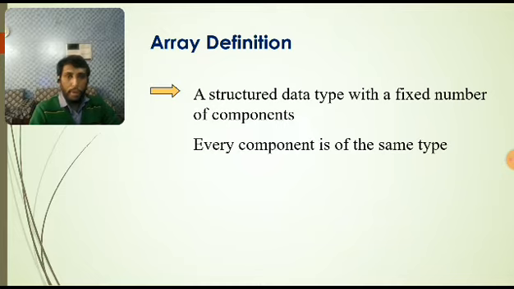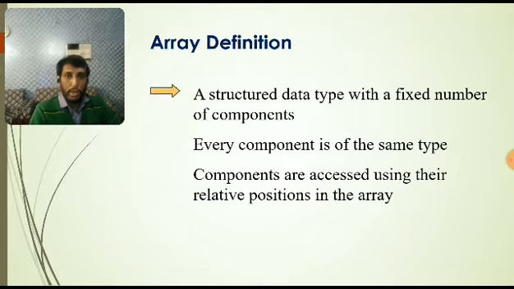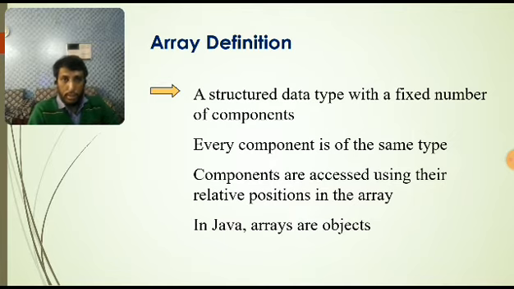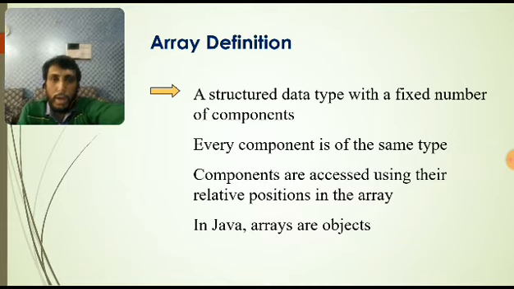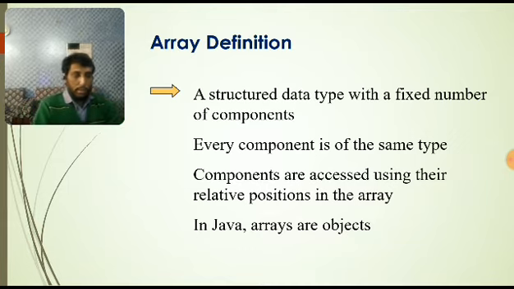How? Every component is of the same type. Suppose we are declaring int, then it should be integer type data only. Components are accessed using their relative position in the array. In Java, arrays are objects. So we'll discuss it one by one.